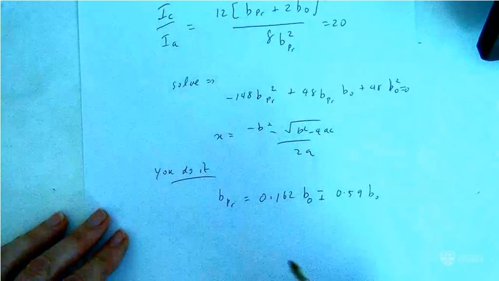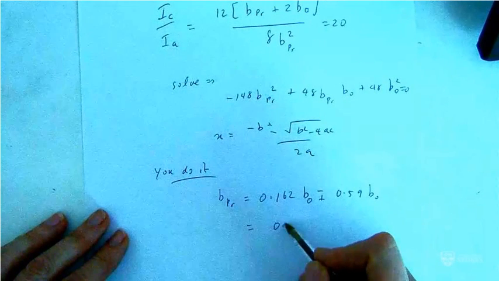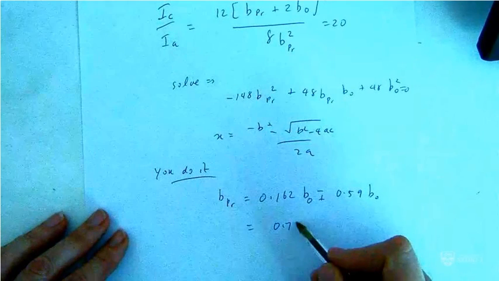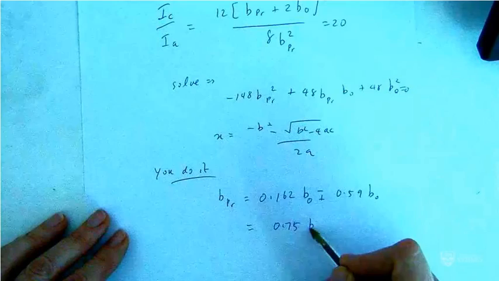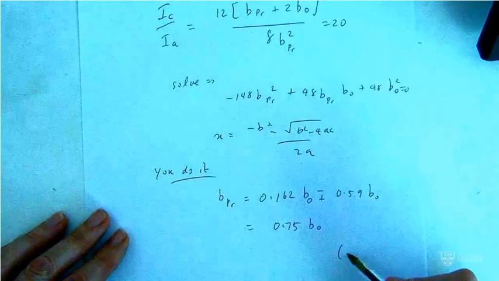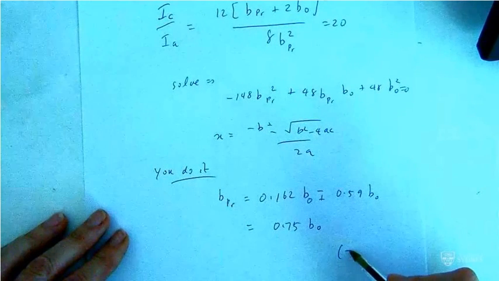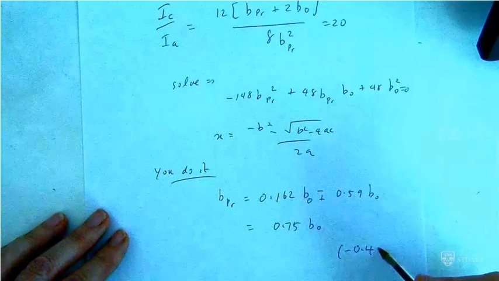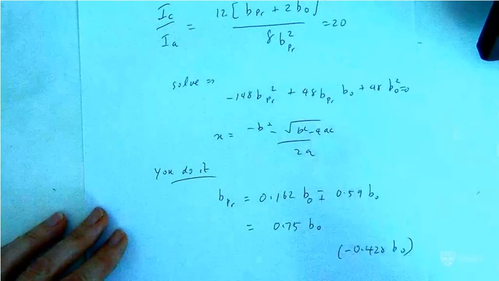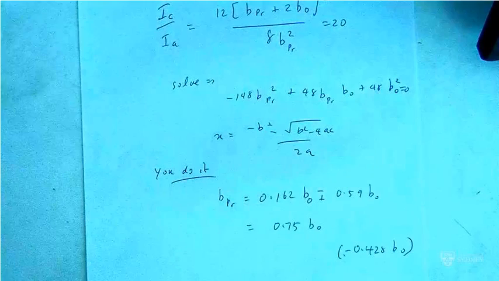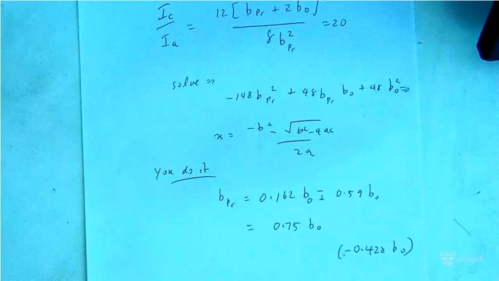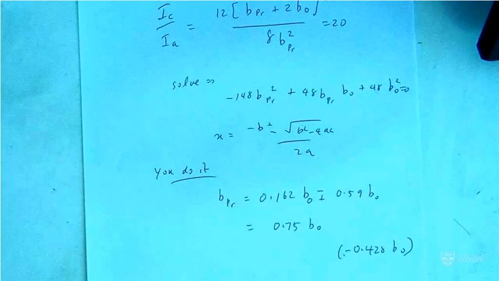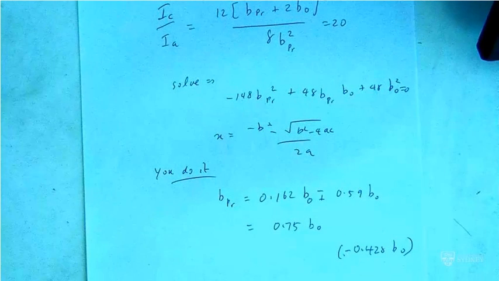So you get a choice basically of it being equal to 0.75 that of the oxygen atom, or an unphysical value of minus 0.428 b_O. Since we don't have negative intensities, this is the result that we've been able to obtain from that scattering information.